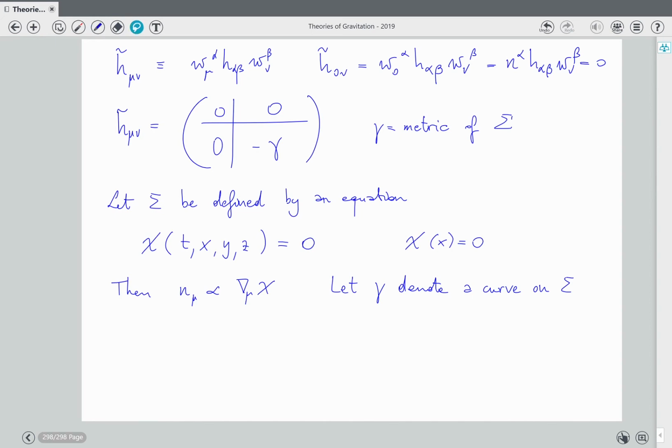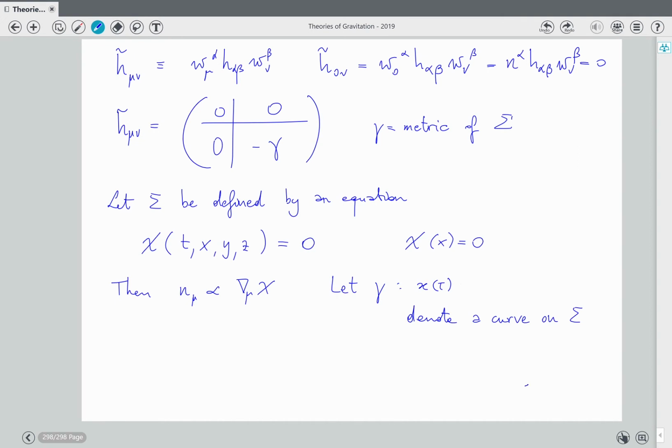So gamma will be some x of tau. Tau is a parameter. Remember what a curve is: a map from the interval 0, 1 to your manifold.